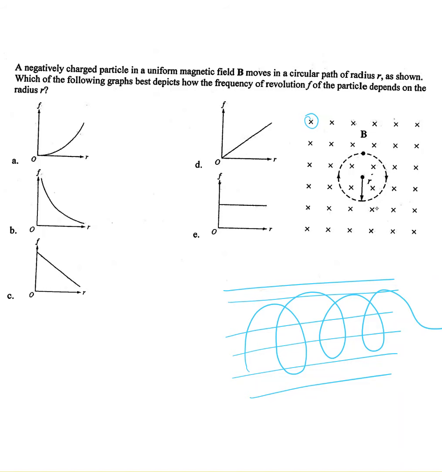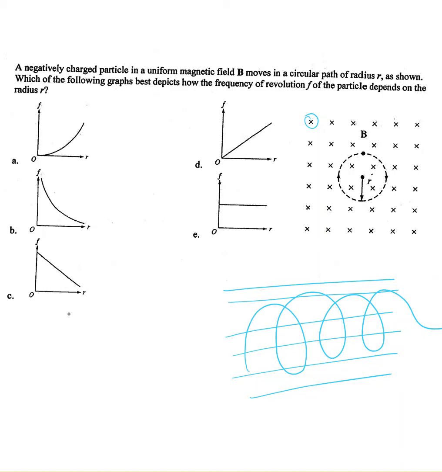It's rotating in a clockwise direction with the radius r. Which of the following graphs best describes how the frequency of revolution f of the particle depends on the radius r? Now I think I shared a video with you. By the way, let me talk about this.